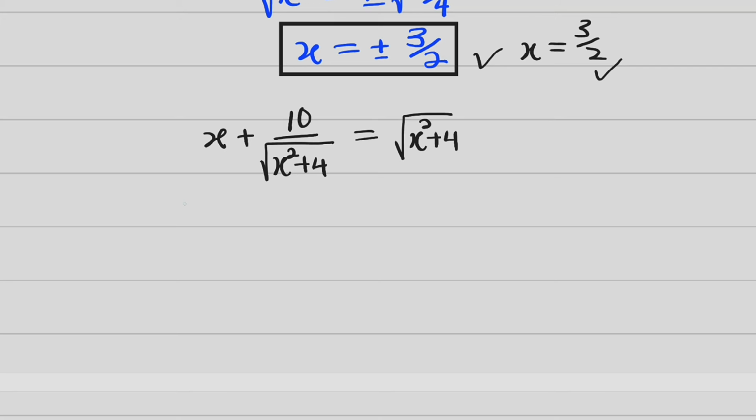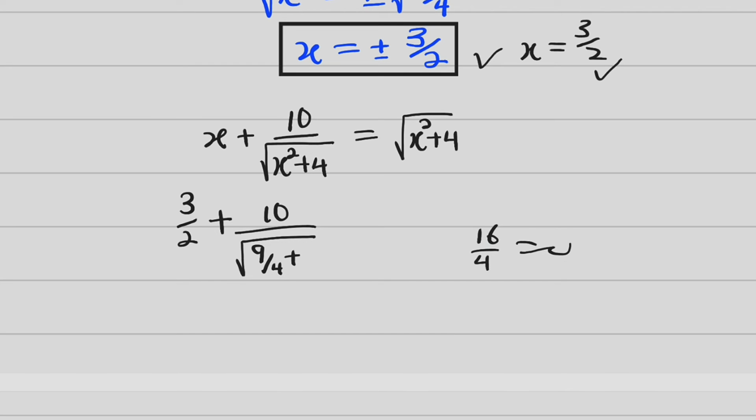So this becomes 3 divided by 2 plus 10 divided by the square root of 3 divided by 2 squared, which is 9 over 4, plus 4. And 4 can be written as 16 divided by 4, which is the same thing as 4. We can do that in order to make sure we have a common denominator. So we can write 16 divided by 4 here.